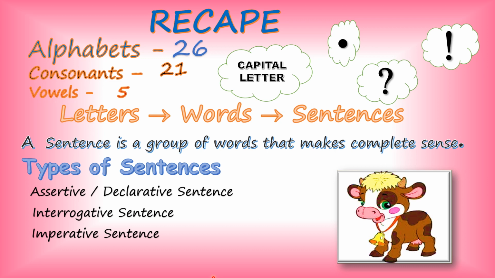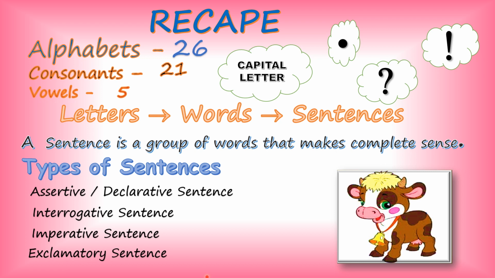That is advice. When you go to your dietitian, he says, don't eat fat food, junk food. This is not good for health. So this is advice. Okay, children? And again, an imperative sentence always ends with a full stop.